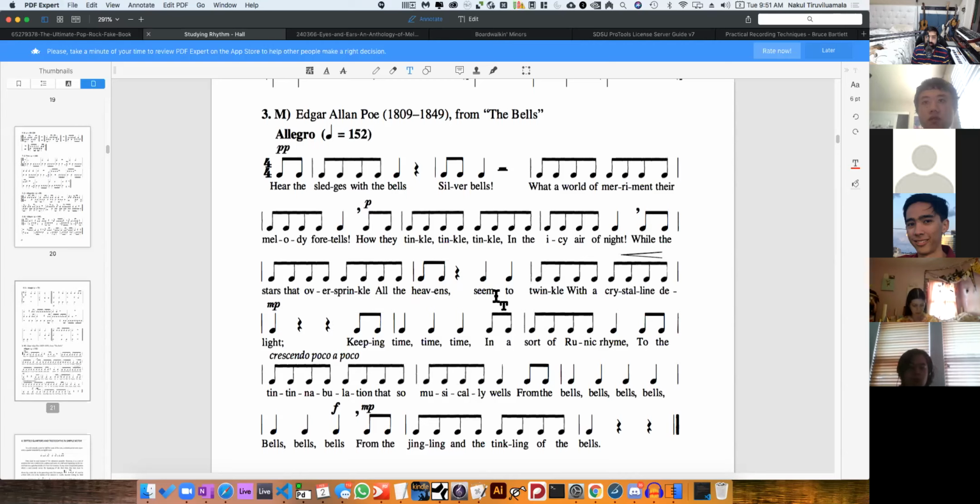Heavens too. Seem to twinkle with a crystalline delight. 2, 3. Keeping time, time, time in a sort of runic rhyme to the tintinnabulation that so musically wells from the bells, bells, bells, bells, bells, bells, bells, from the jingling and the tinkling of the bells. 2, 3.